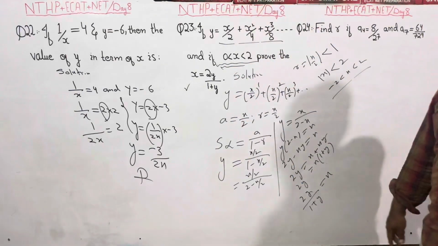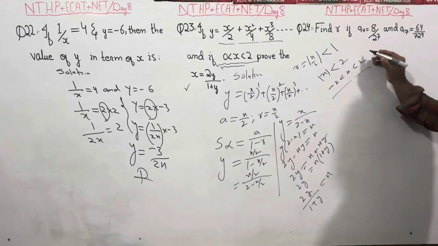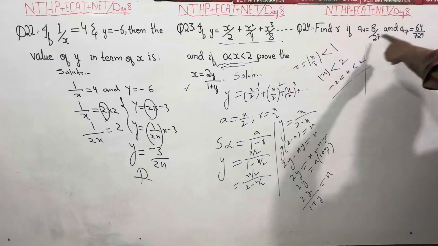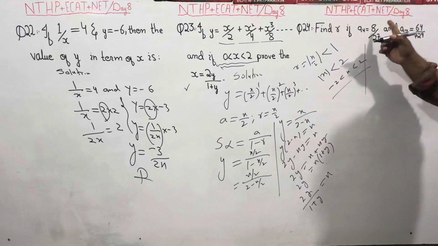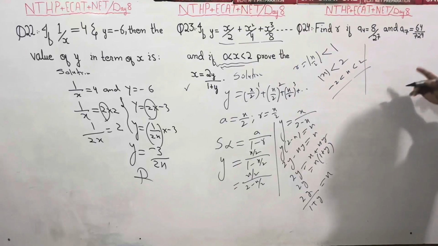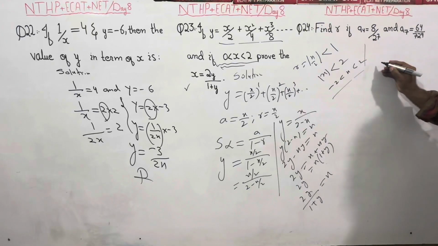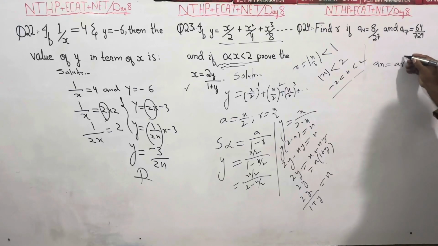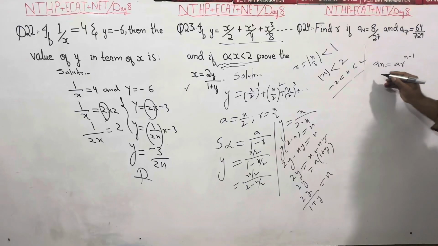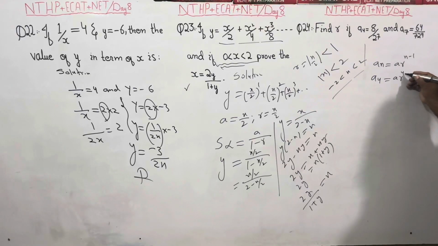Here, the fourth term of a GP is 8 over 27 and the seventh term is 64 over 729. Find the common ratio. The nth term is a r raised to n minus 1. For the fourth term, instead of n write 4: a r to the power 4 minus 1.